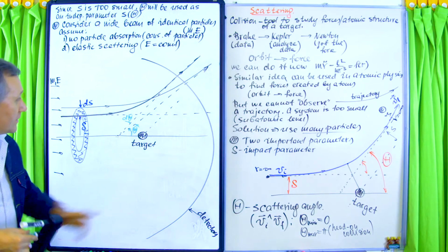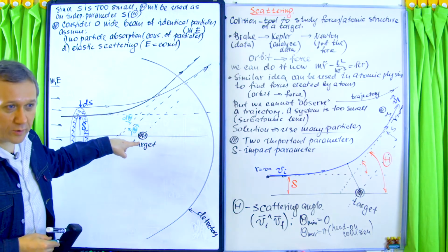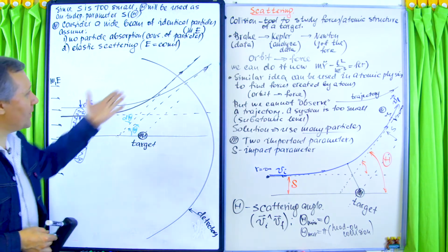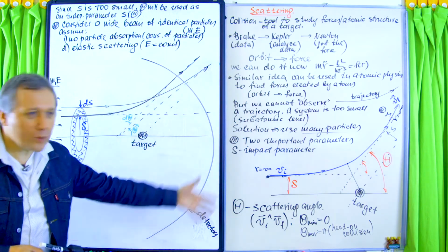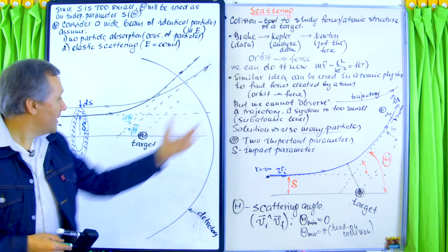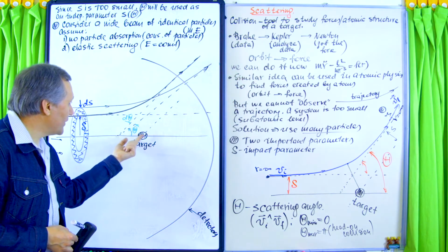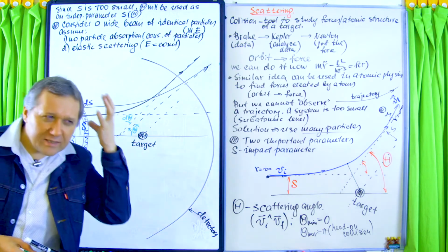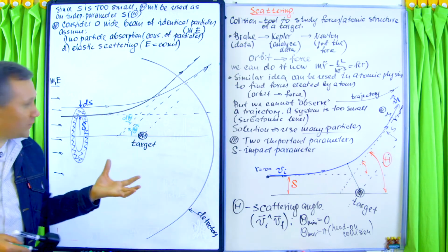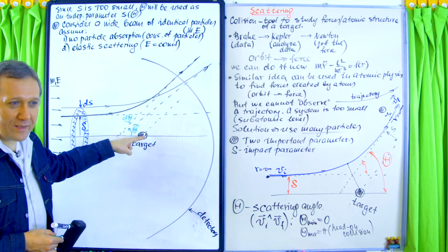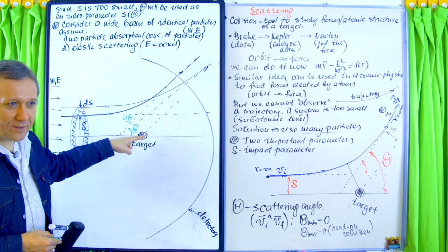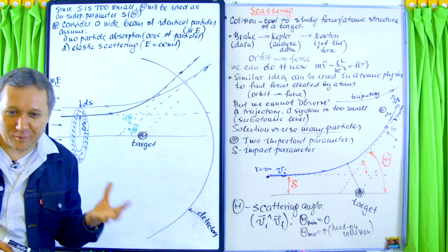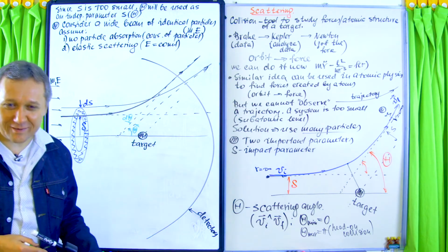But pretty much these lines don't go through the target. But compared to the distance to the target, probably several meters, the distance between this point and that target, as well as this S, is teeny tiny, right? So if you measure theta from the target, it's not going to affect anything. Pretty much your experimental error will cover that.